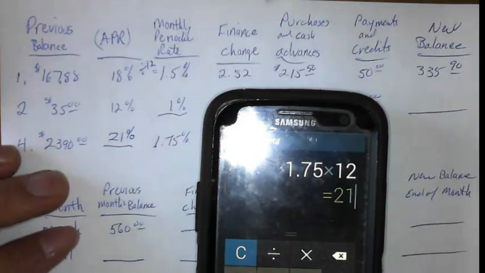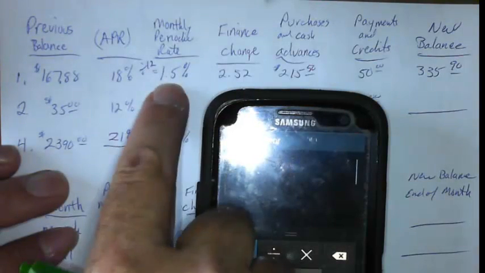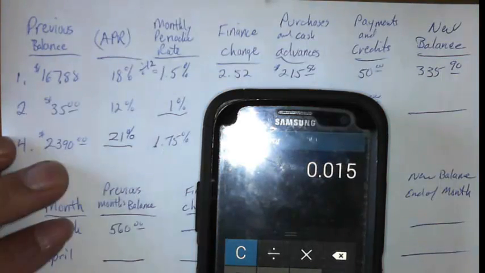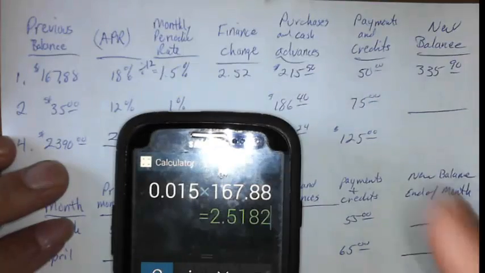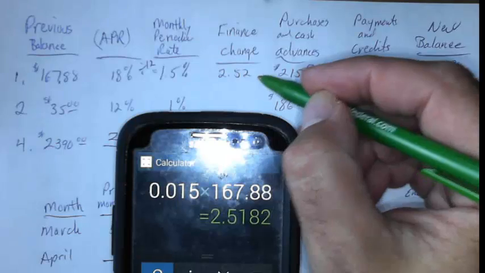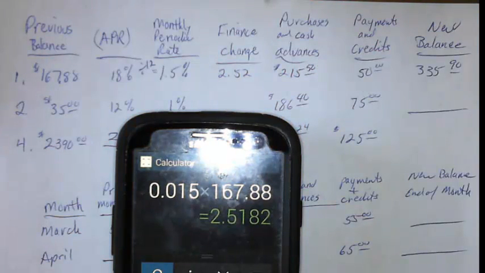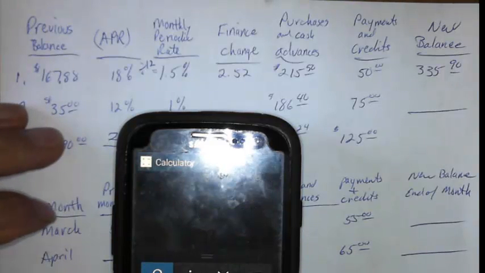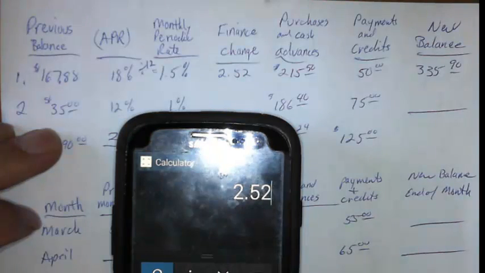So once they have that rate, 1.5%, we change that into a decimal, and we would multiply it by the previous balance to get our finance charge of, they rounded of course up to 2.52. So then in order to finish our column, we would take our 2.52, and add it to our previous balance.